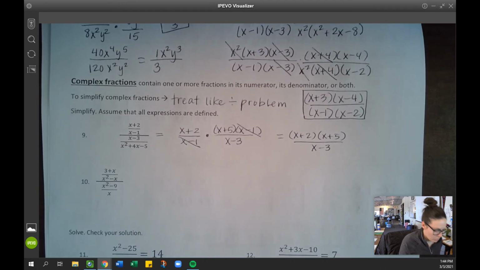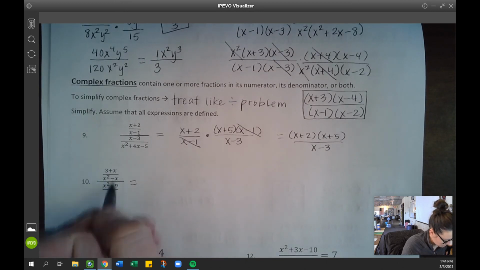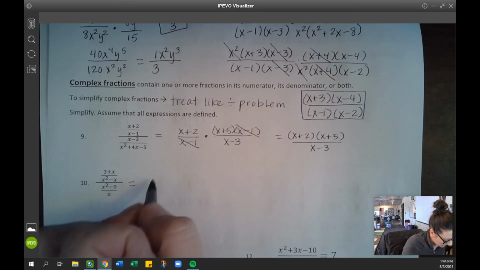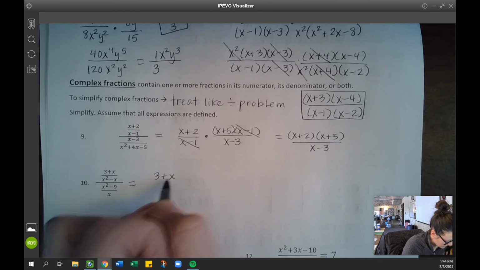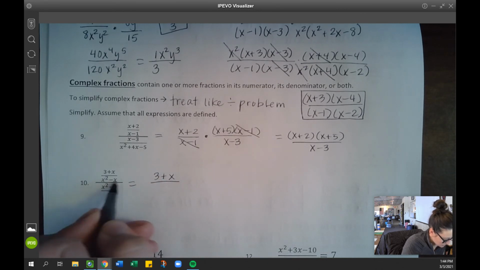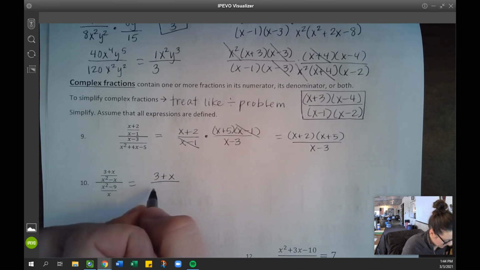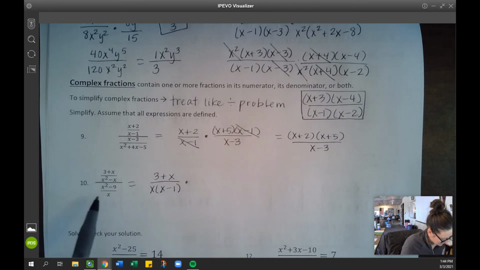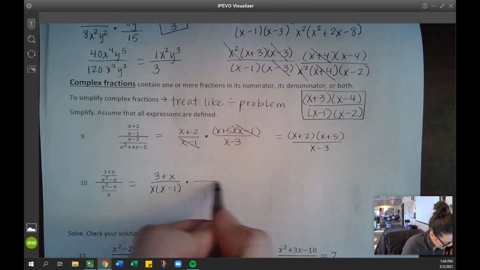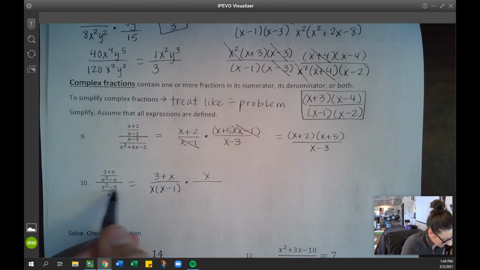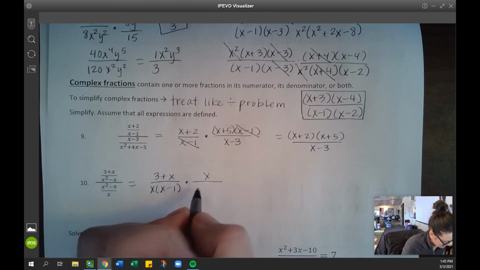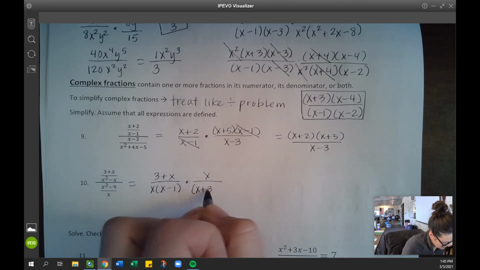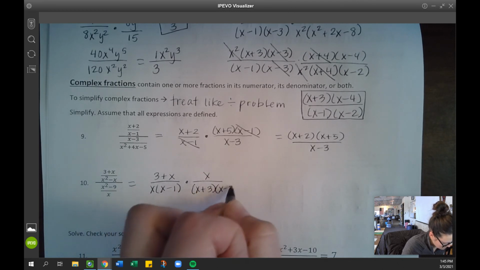All right, let's try one more. I'm going to rewrite this as a multiplication problem and factor along the way if I can. x squared minus x has a common factor of x, times, I'm going to flip this, so x is on the top. x squared minus 9 is a difference of squares, x plus 3, x minus 3.